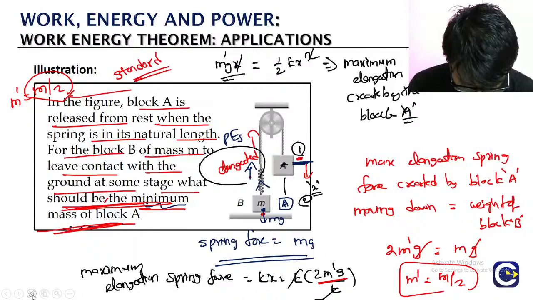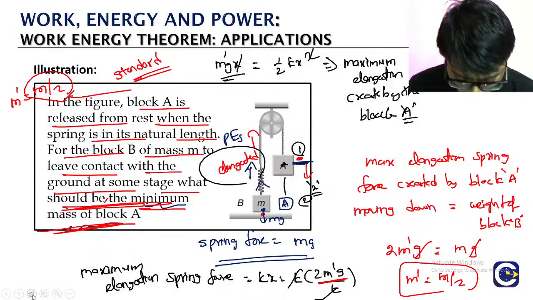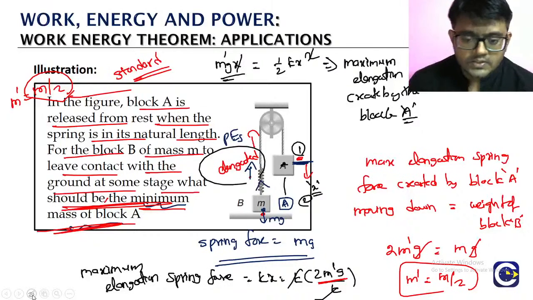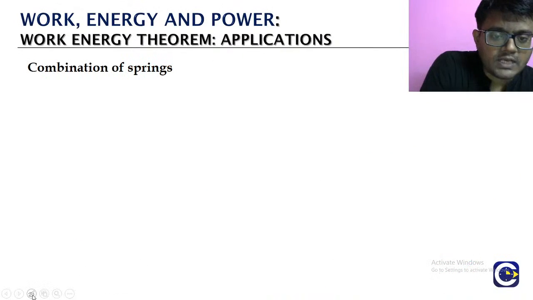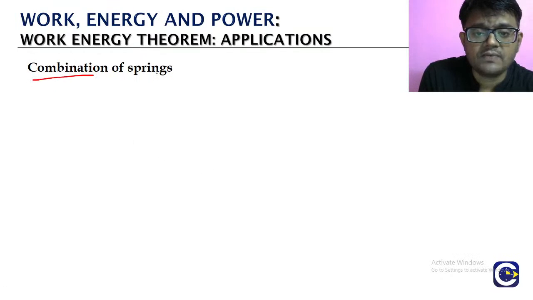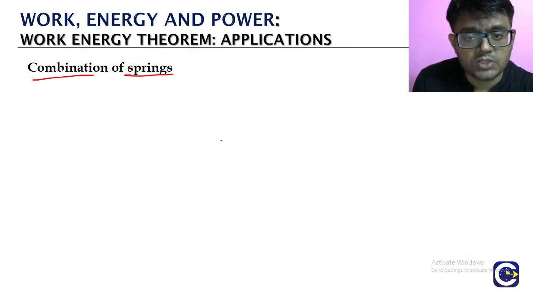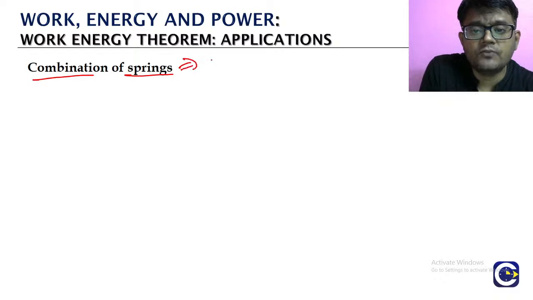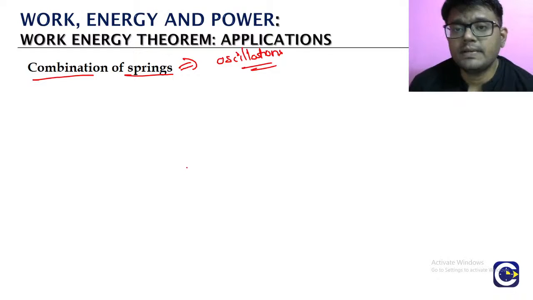Okay guys, now we'll get into the last segment of discussion about the springs. I think this part we may have discussed in the laws of motion also, but this is useful for us even when we go to the oscillations chapter. The combination of springs. What do you mean by combination of springs?